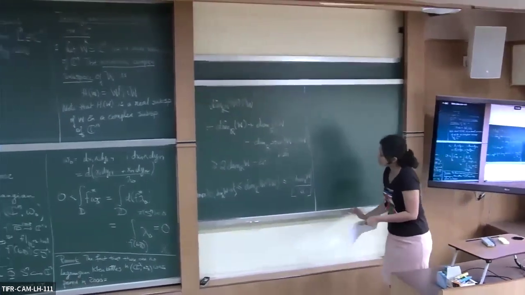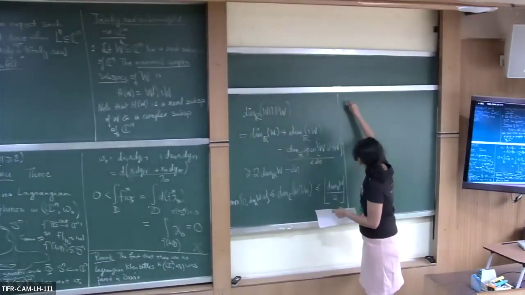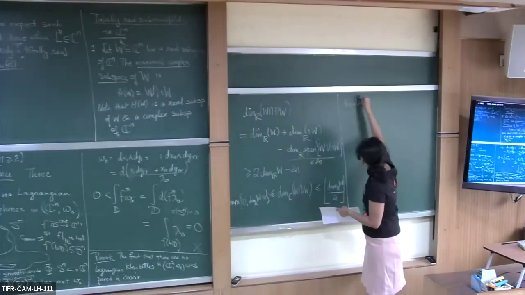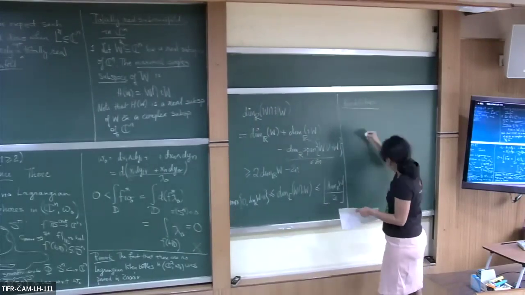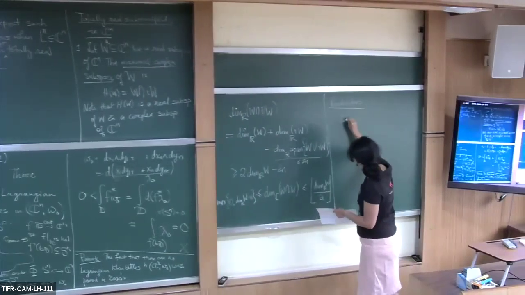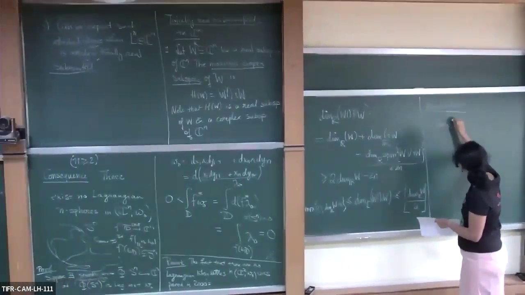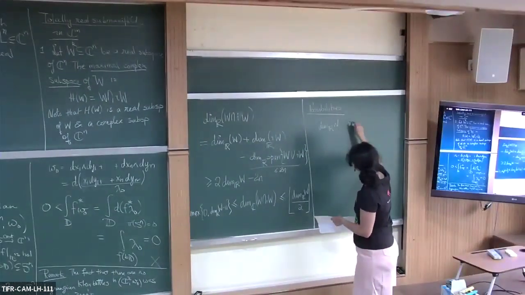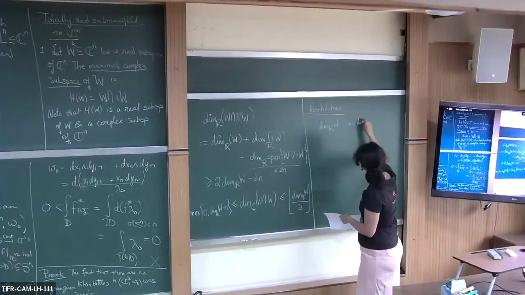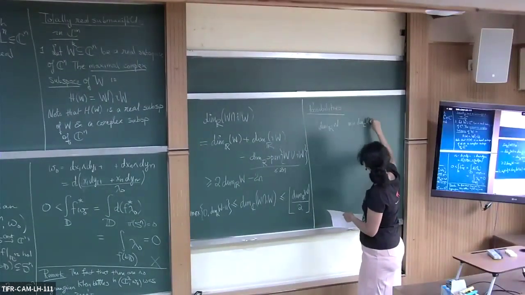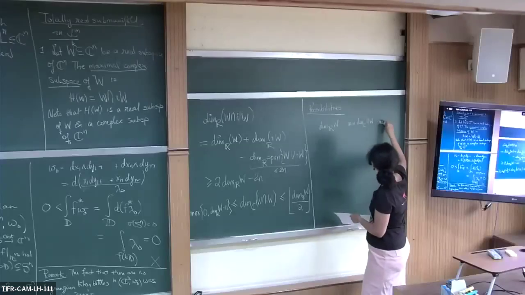Let's just write down some possibilities to get a sense of what's happening here. Okay, so here is the real dimension of W, and this is the min possible complex dimension of HW, and this is the max possible dimension.